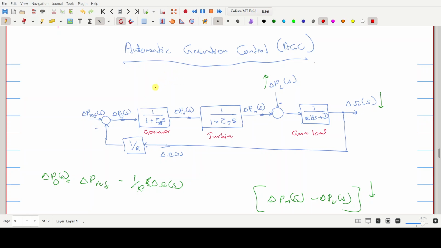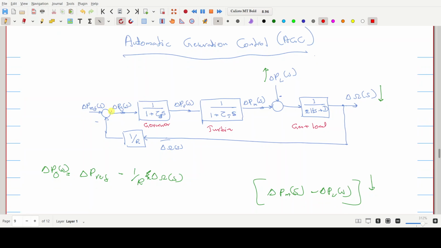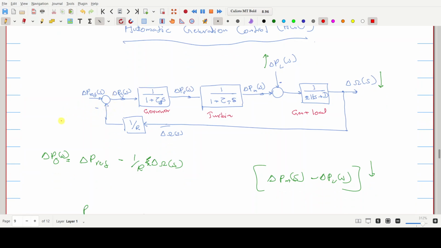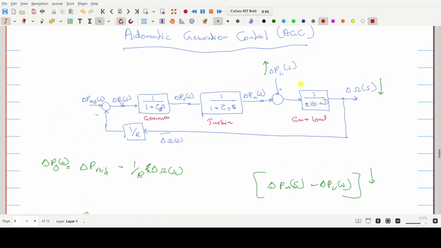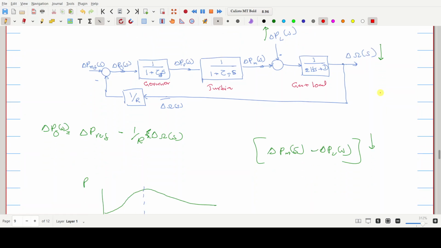Okay, so here what we are talking about is when there is a load change in the system. Let's say, for example, if the load increases, you will see that the frequency or the speed of the generator will go down, right?